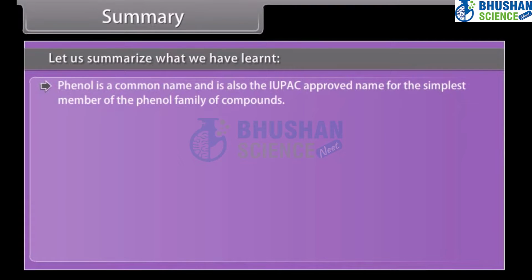Phenol is a common name and is also the IUPAC approved name for the simplest member of the phenol family of compounds. According to the IUPAC system, ethers are named as alkoxyalkanes.